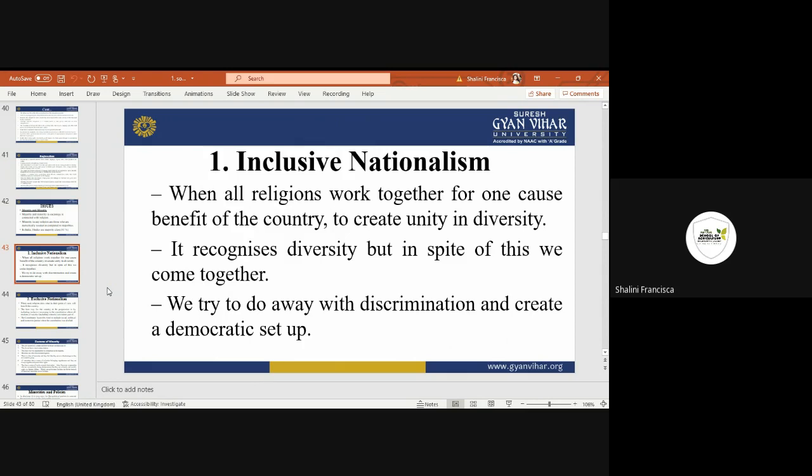So that makes a democratic setup for all of us to be called Indian, in spite of any religion, any language, any color, any dress, culture, any borders.